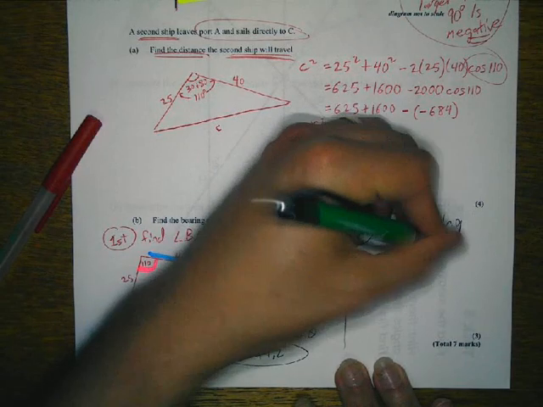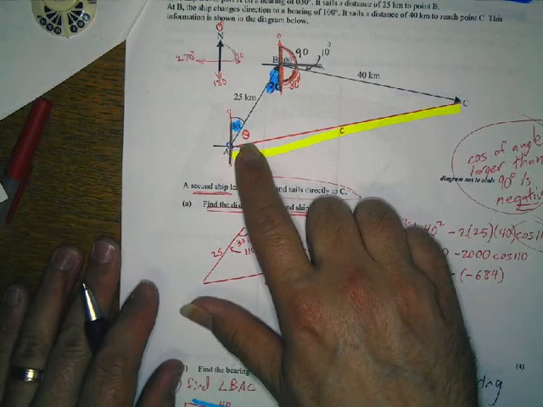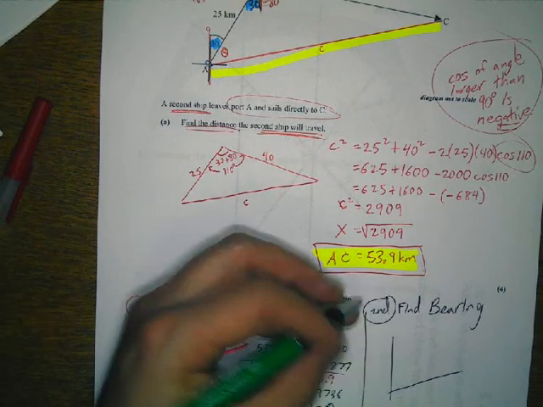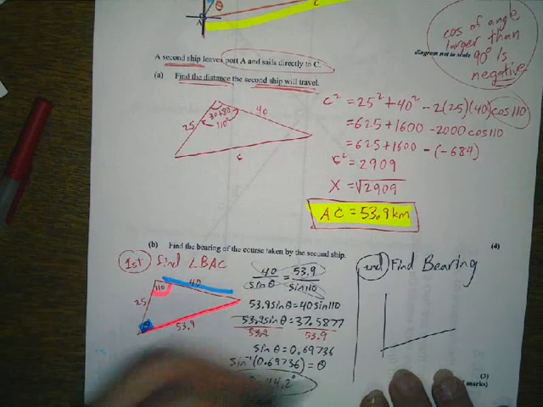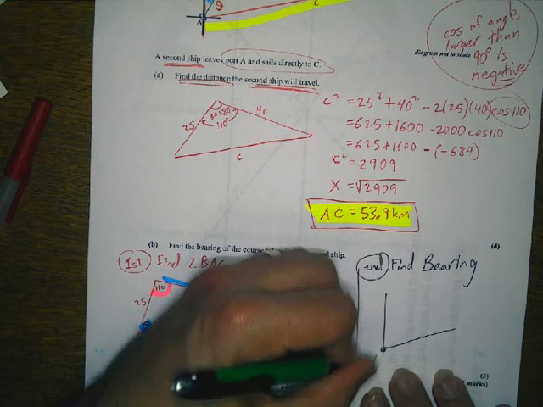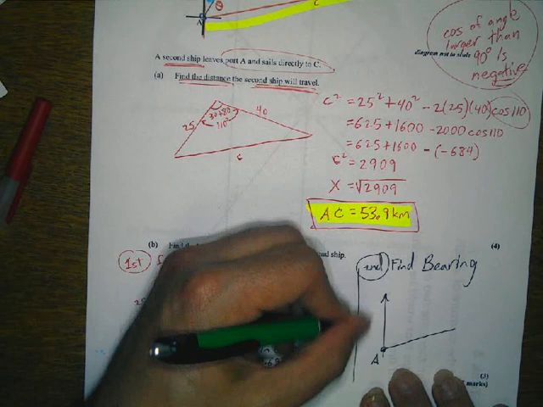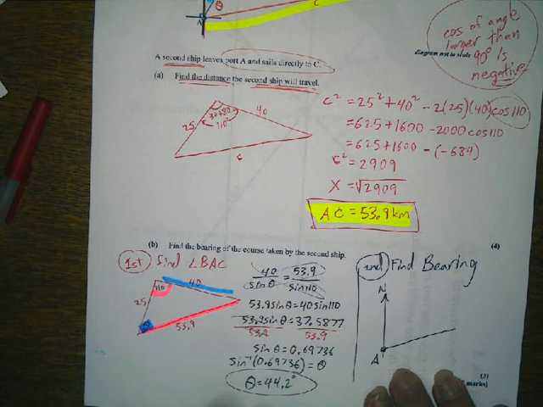Okay, so let's look at this place right here. We now know this angle, and we're finding the bearing. So think of it this way. Here's point A, and this is north, right? That's north.